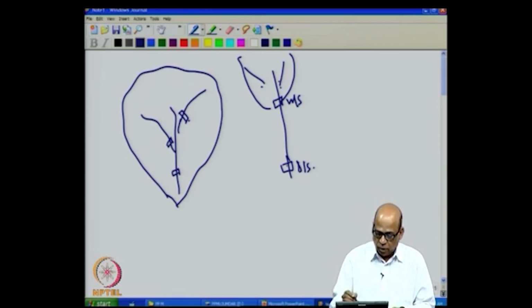When we come down and look at this gauge here, this will record all the flows that have come from the entire catchment upstream of this particular gauge.